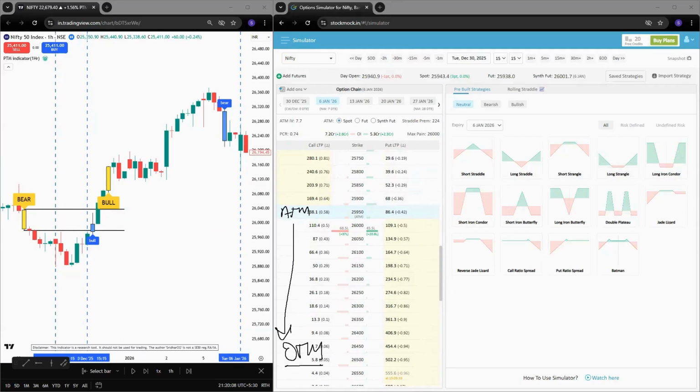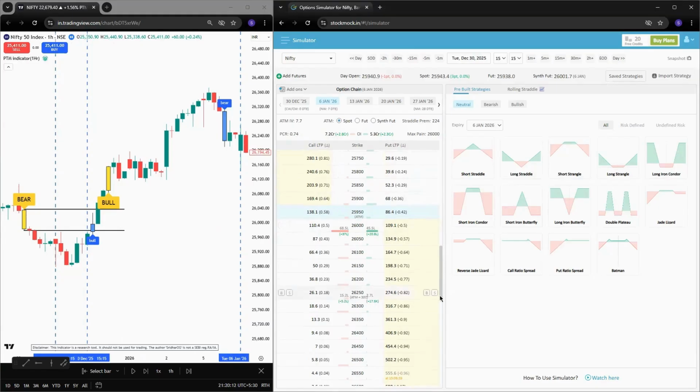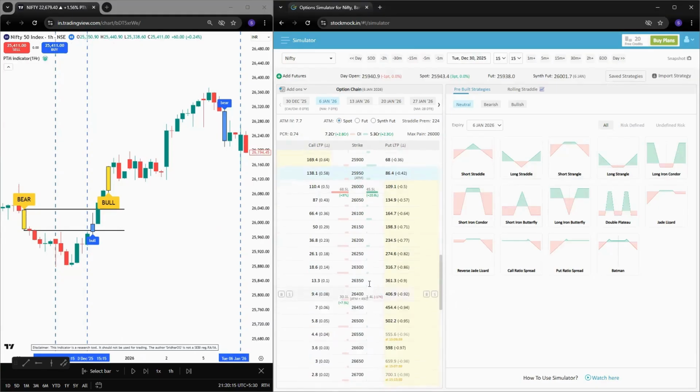Okay. The strike price selection rule which I follow, very simple, is that the difference between my short leg, the selling leg, and my buying leg hedge should be approximately 10 to 11 rupees premium. I'll repeat this point again.